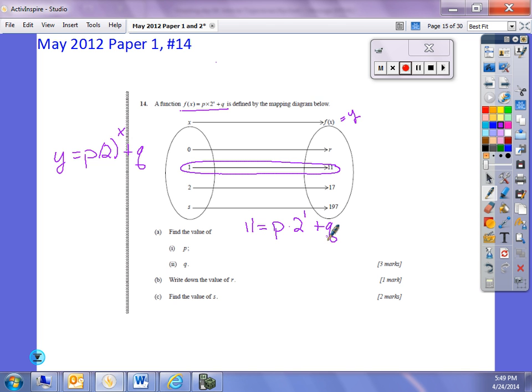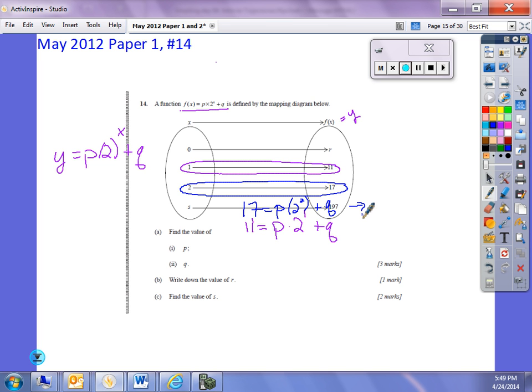And in this second mapping, I also know that 17 is equal to p times 2 squared plus q. I know that's 4, but I'm just going to write it as 2 squared.